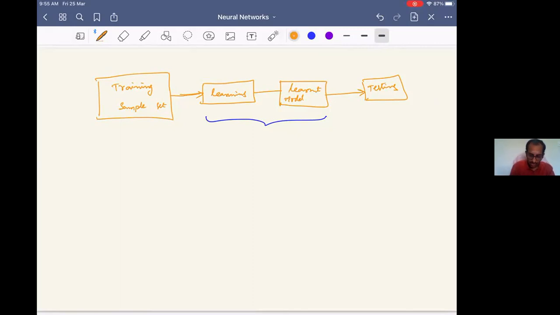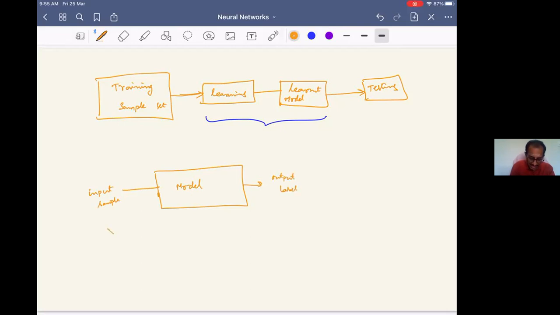See what we are doing now. If I have a model here, a black box kind of approach, we are giving the input as an input sample, and we are expecting the output label.